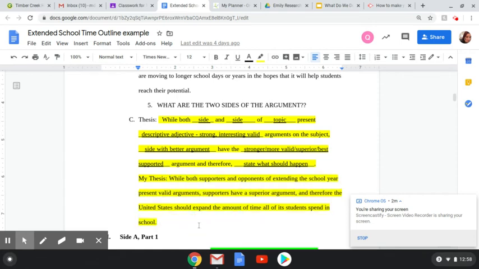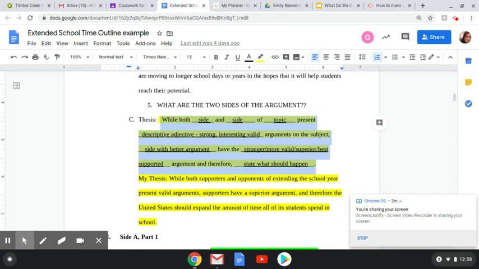So you need to write a thesis statement like this for yourself. What I would suggest is that you copy this formula right here, paste it into your paper, and then replace everything that's underlined with examples from your paper.